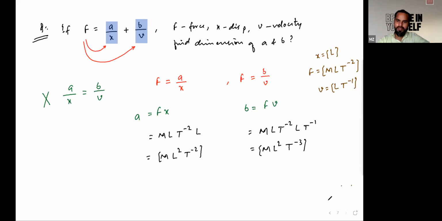Okay. So the next part is we have defined the principle of homogeneity and all problems related with this particular part. The next part is the application of dimensional analysis.